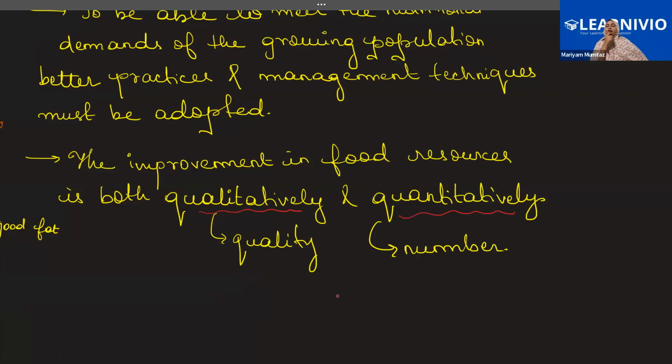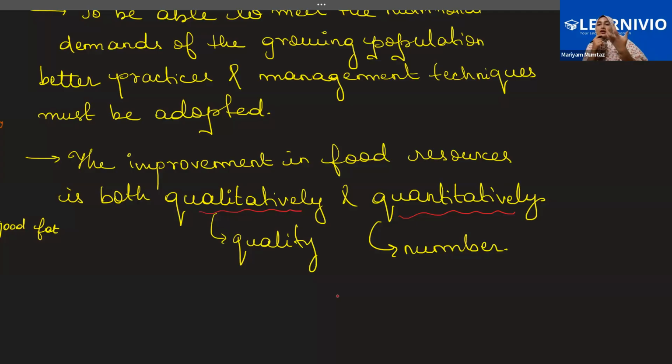For example, we eat spinach. Now, if that spinach is less in vitamin A, then we'll never eat it. But if the nutritional quality of that spinach is increased, let's just say a lot of vitamin A is present in it, everyone will eat it for health benefits. So that is an increase in quality.